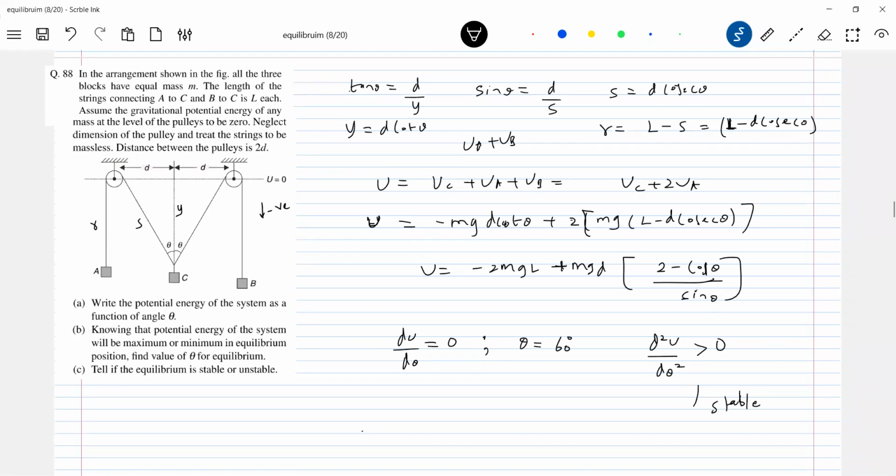Are you getting it? So if they give blocks, wedge, pulley block system, what should you do? You take yourself a reference u equals 0, analyze the system, get an expression for potential energy, double differentiate it, and check whether it is greater than or less than 0. Based on that, you can check whether it is stable or unstable. Or what is the other alternative method? Slightly displace the system.